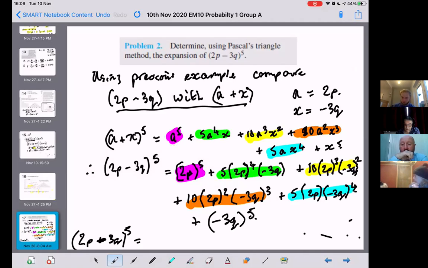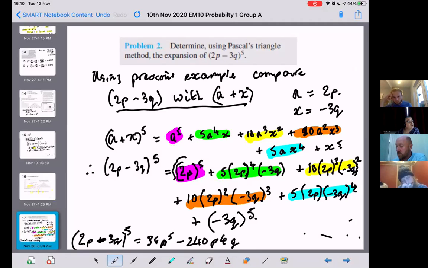So we're looking at this one here, 2 to the power of 5 is 32, p to the 5, plus 5 times 2 to the power of 4, that comes out as minus 240 p to the 4 q.